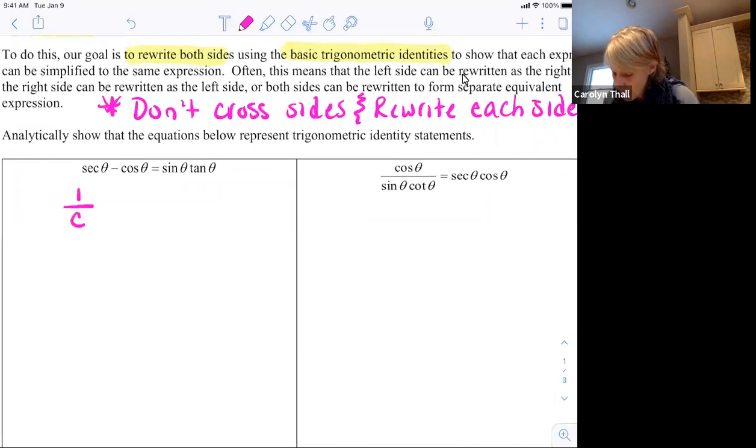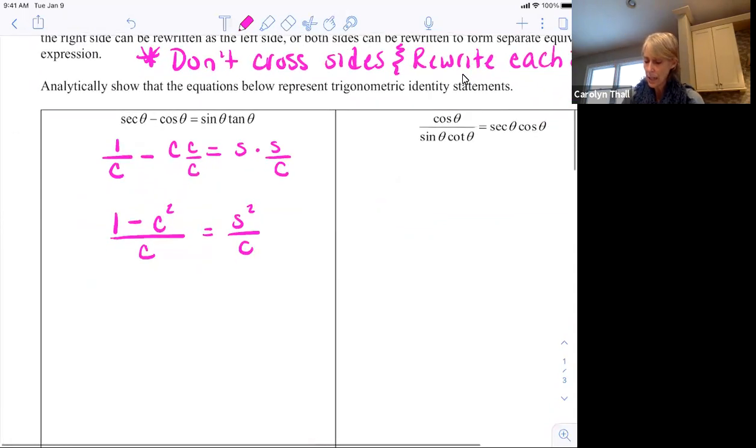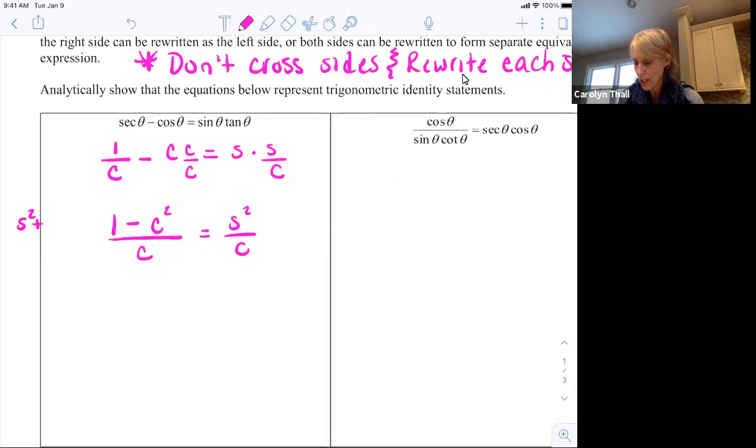1 over cosine minus cosine equals sine times sine over cosine. Over on the left side, I've got to add these two expressions together: 1 minus cosine squared over cosine equals sine squared over cosine. And hopefully you guys now recognize the Pythagorean identity.